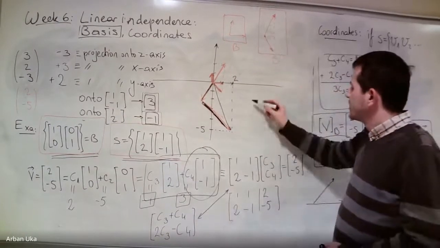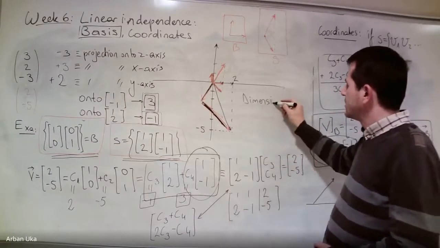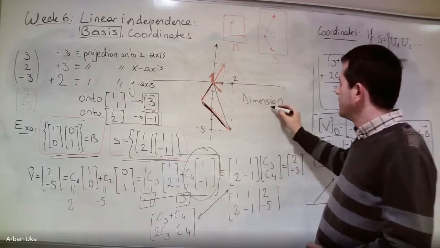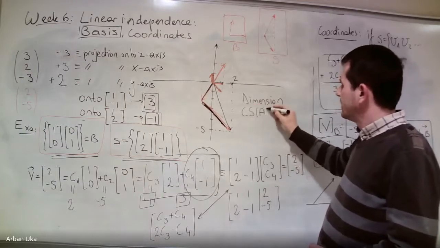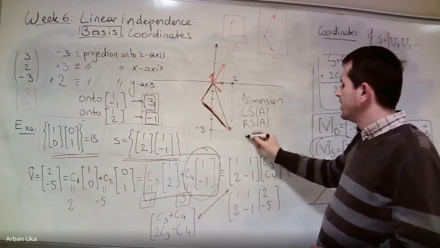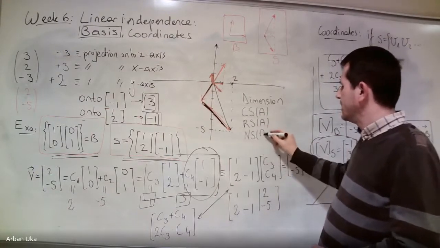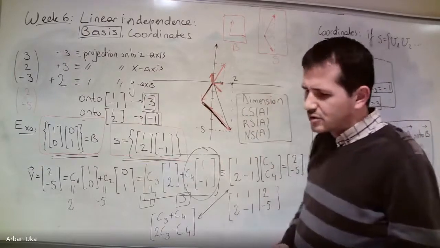The next topic, which remains for the next session, is dimension in general. Then we have to talk about the column space of A, the row space of A, of any matrix A, and the null space of A. This will be the next topic.